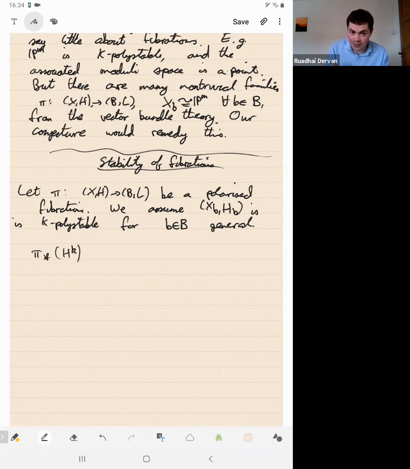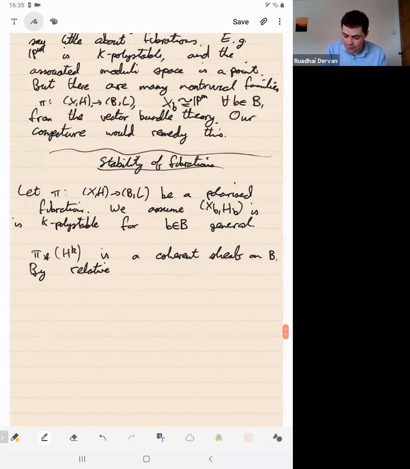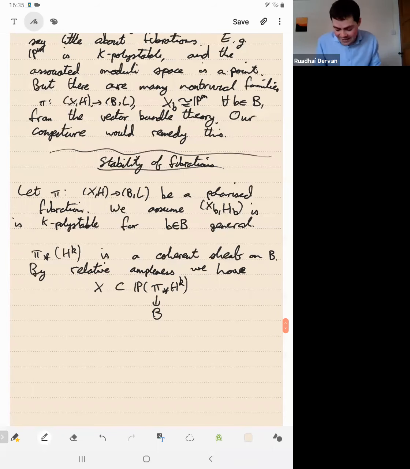This is a coherent sheaf on B. We've assumed that H is relatively ample over B, so by relative ampleness we have an embedding of X inside the projectivization of this coherent sheaf over B. For example, if this were a flat fibration, then this coherent sheaf would be a vector bundle for k large, and this is a relative version of the Kodaira embedding.